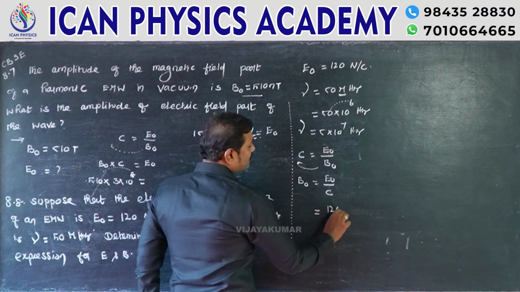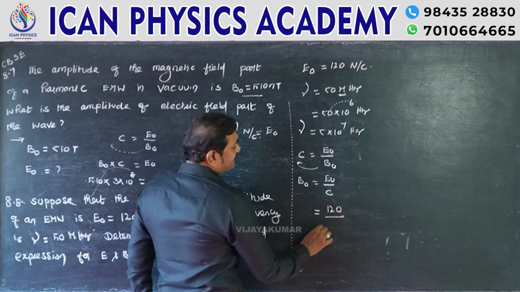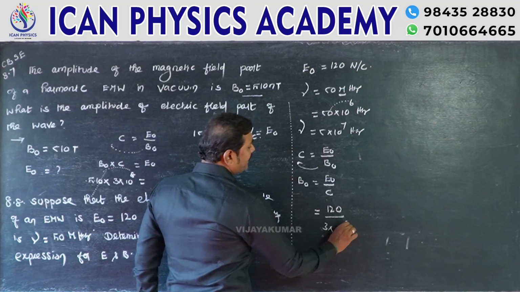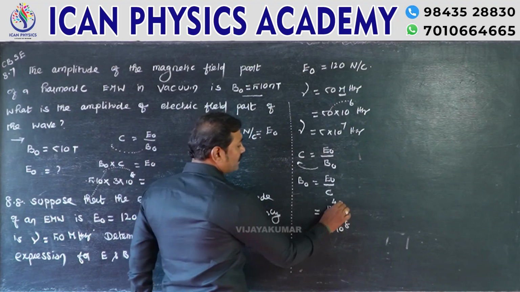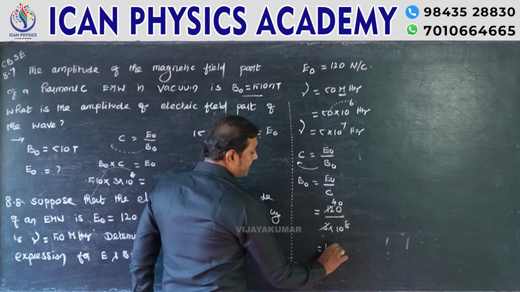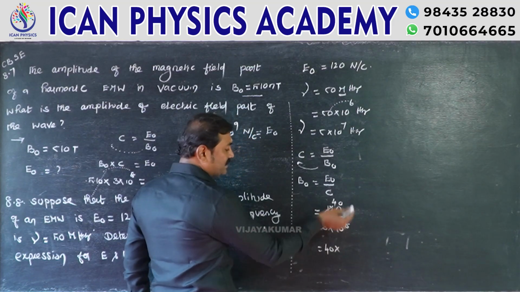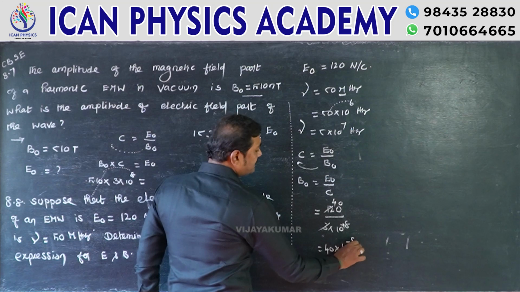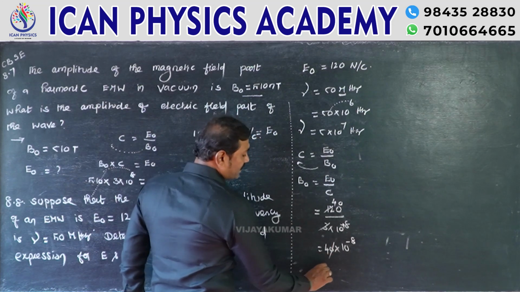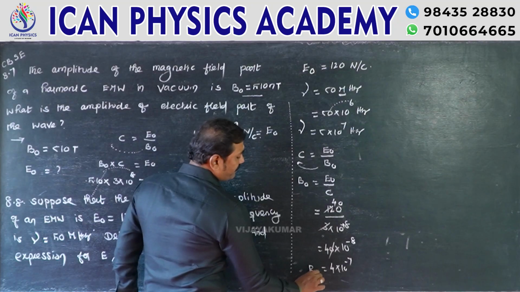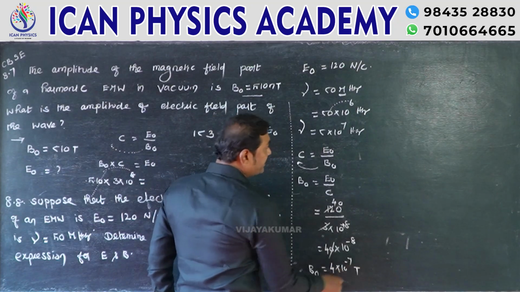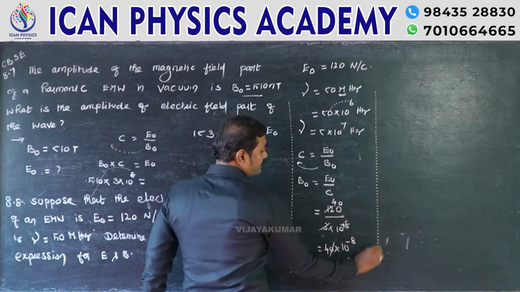That is 120 divided by C, 3 into 10 to the power 8. 1 3 is 3, 4 3s are 12, so 40. 10 to the power 8 goes to the numerator as minus 8. So 4 into 10 to the power minus 7 is the magnetic field, and its unit is Tesla.